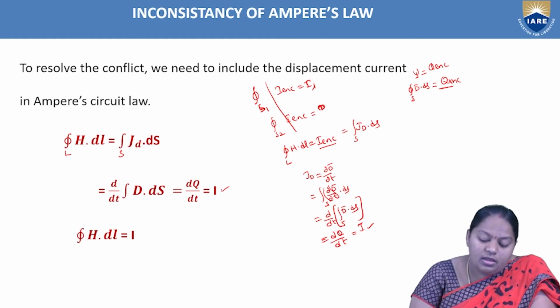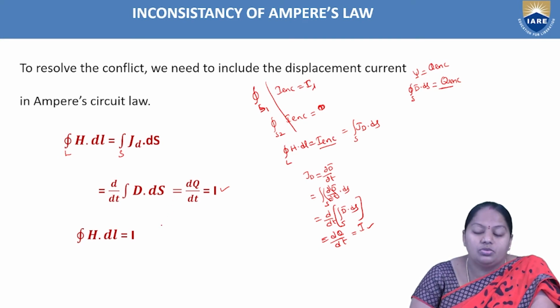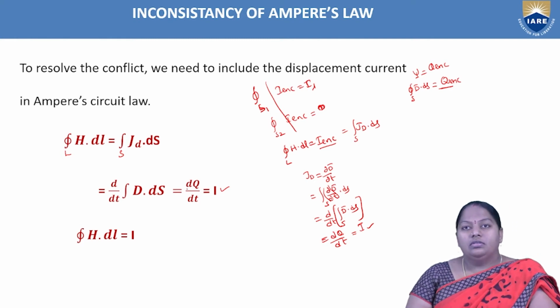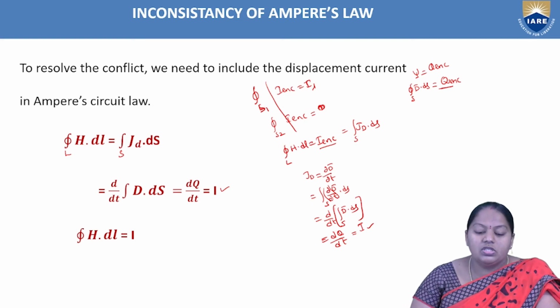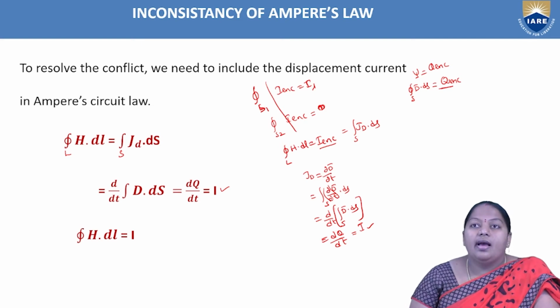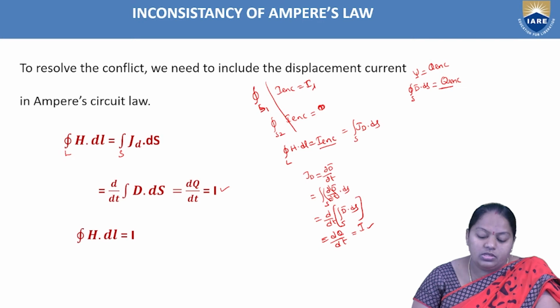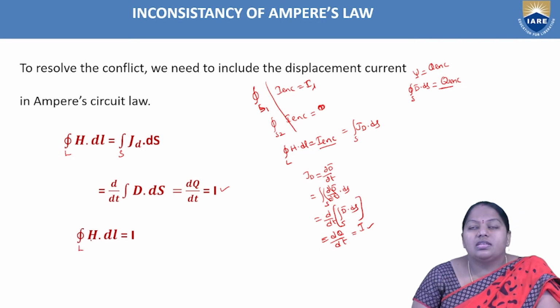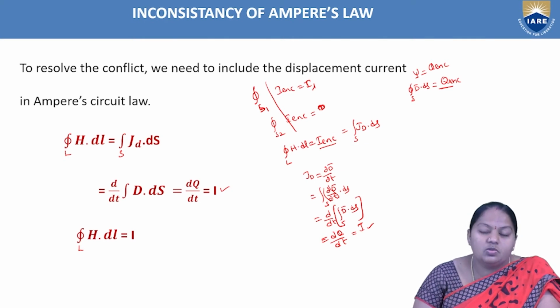So this is the way that, by adding displacement current density, path 2, the surface S2, also contains the current I, by inserting JD into the conflict in Ampere's circuit law. This is the way the inconsistency in Ampere's circuit law is eliminated by adding displacement current in that particular case.